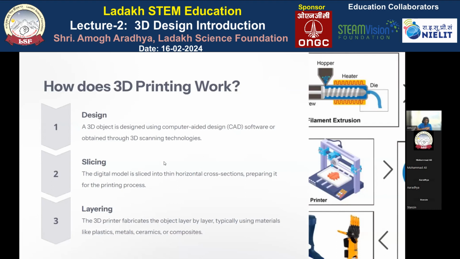It starts printing 2D layers on top of each other, and it becomes a 3D model. I'll also demonstrate how that works. And then layering: the 3D printer fabricates the object layer by layer, typically using materials like plastic, metal, ceramic, composites, resins, etc.